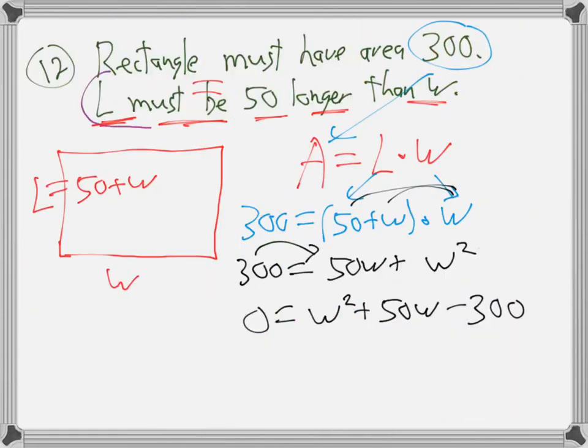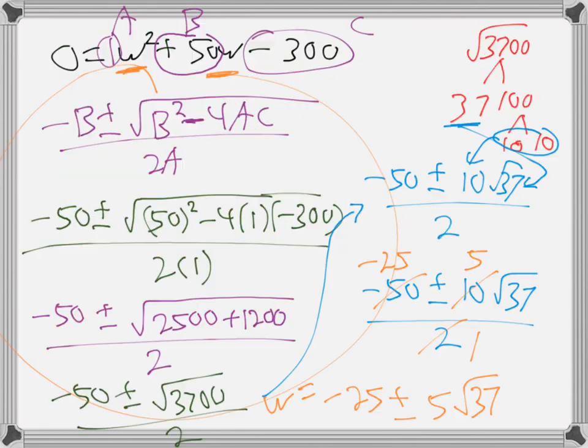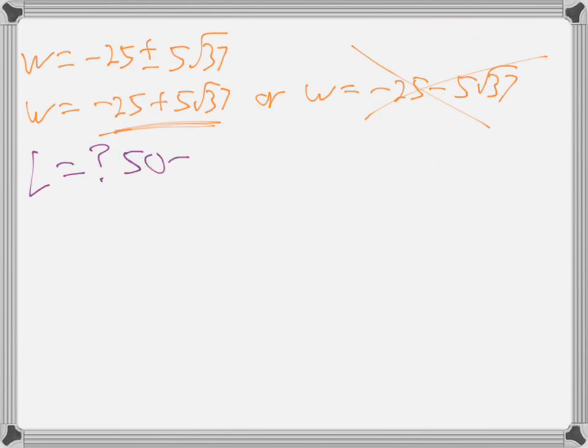What does it say? L is 50 longer than W. L is 50 added to W. So L is 50 added to W. And what's W? Negative 25. No, they want you to leave the roots. They don't want decimal answers. They want you to leave the roots just like I'm doing.